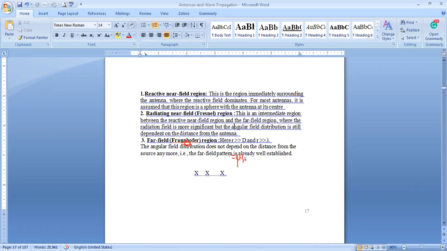Let us say r equals 2 kilometers. 1 by 2 is 0.5, 1 by 2 square is 1 by 4, which is 0.25, and 1 by 2 cube is 1 by 8, which is 0.125, very near to the antenna. That 1 by r term is the far field distance term. Just observe those points in the expression.